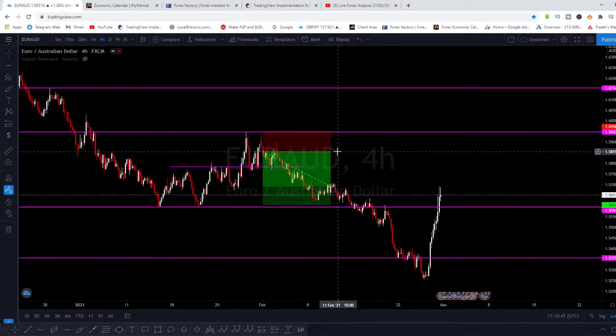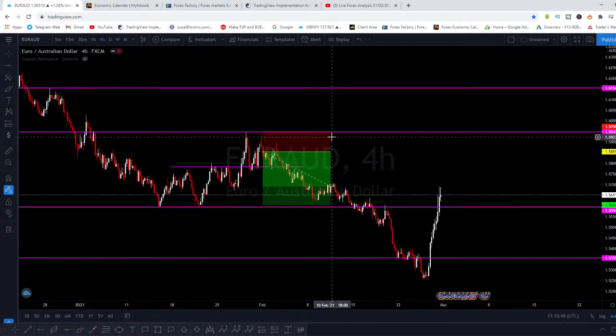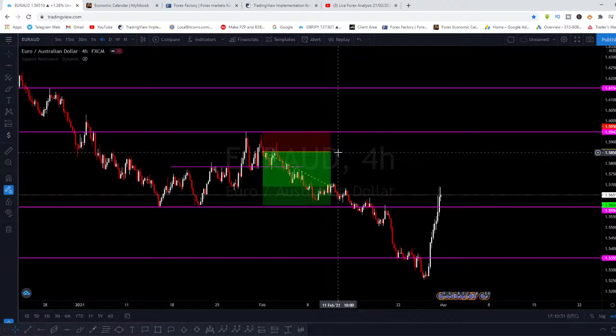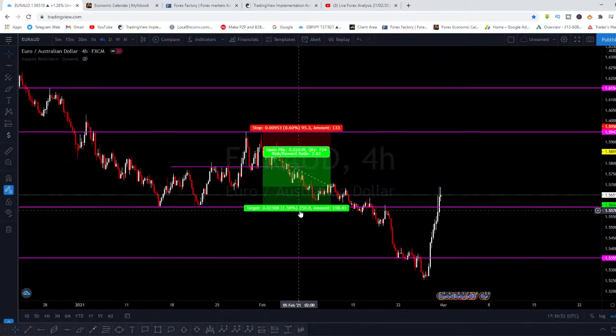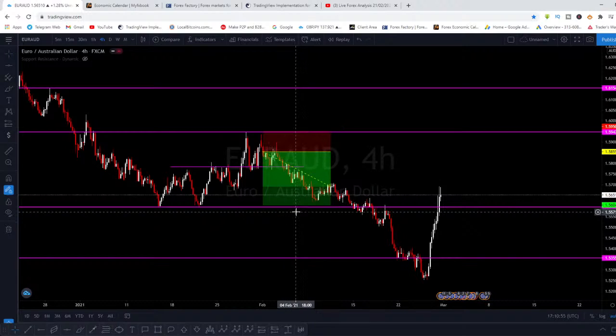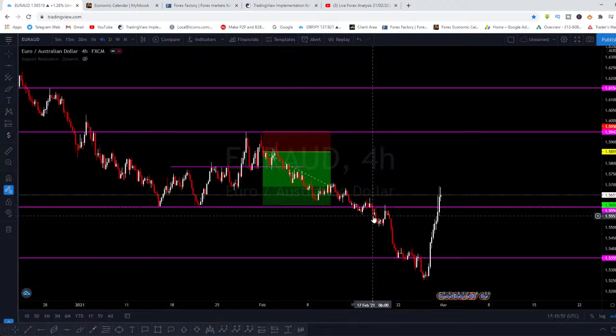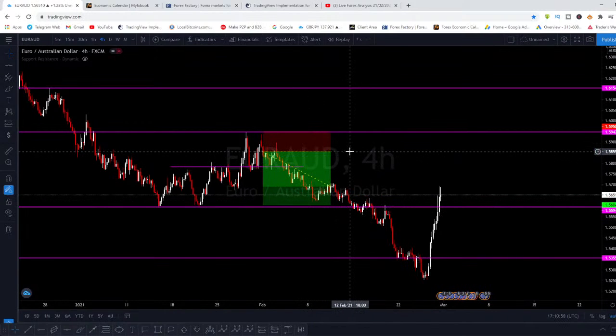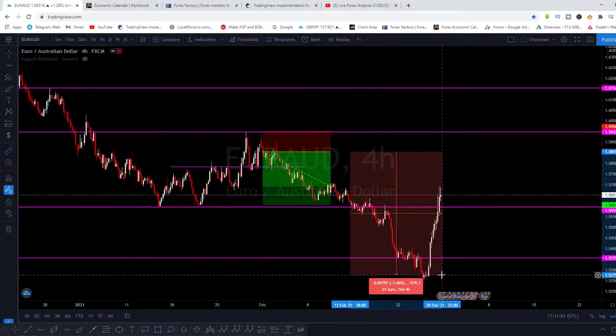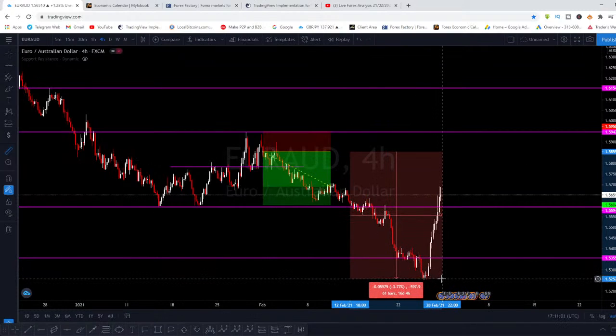So the final take profit was 250 pips and it was triggered, right? And apart from that, it later went back down for around 600 pips. Shout out to ITT. 600 pips, but our final take profit was 250 pips, right? So it is what it is, guys.